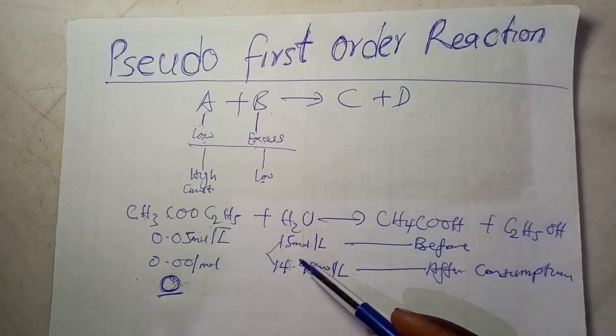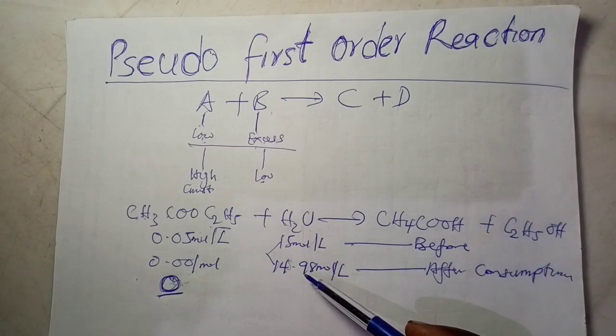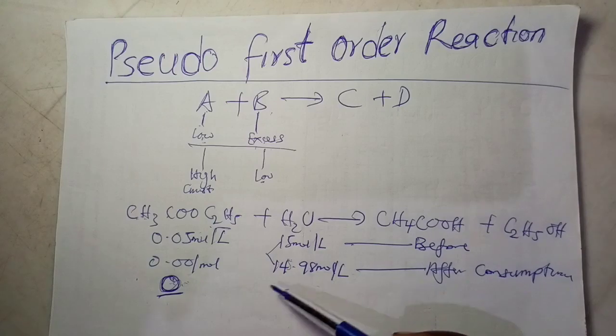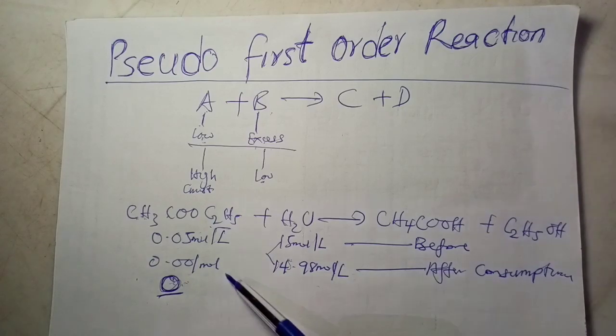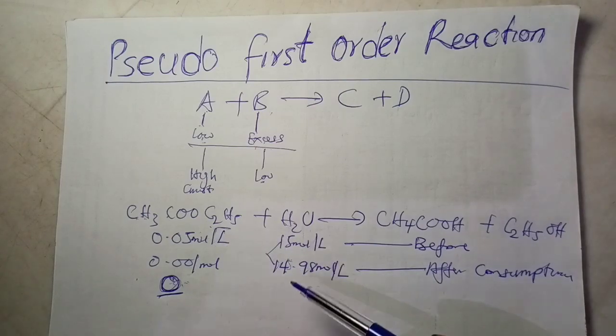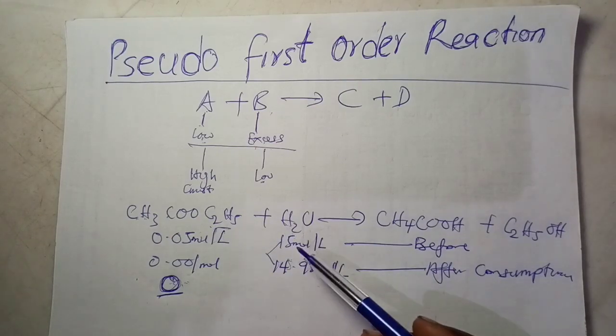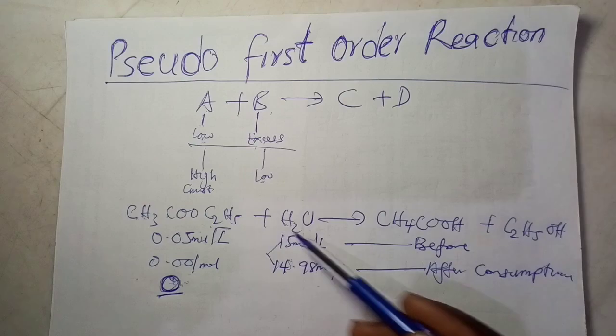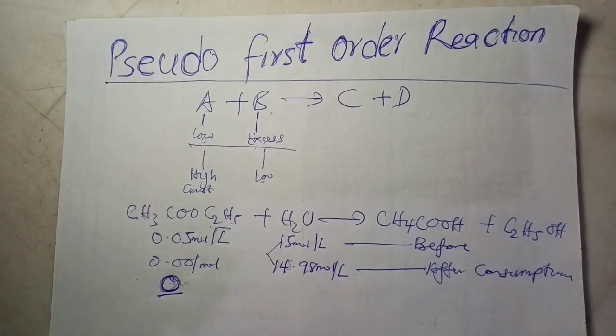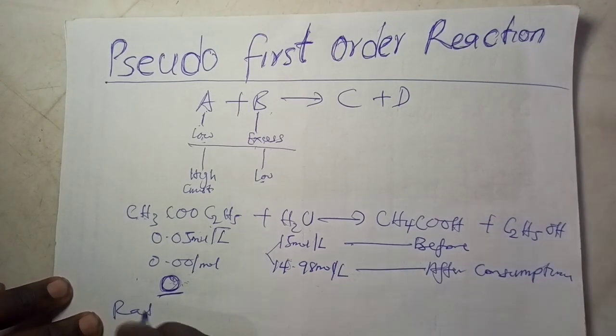With respect to the one that is used up completely, it is a pseudo first order. But looking at it theoretically, it looks like a bimolecular, second order reaction. So a pseudo first order reaction is a second order reaction that is made to behave like a first order. This is the simplest way it can be explained.